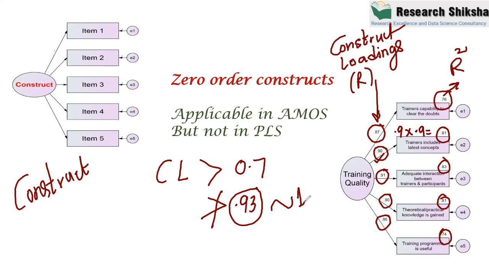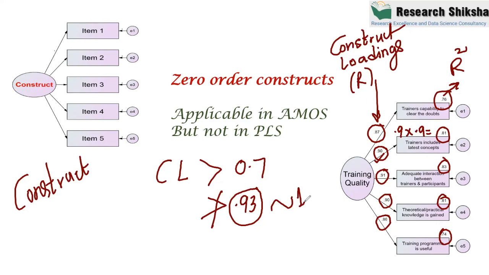I will explain all these things later on, like how to see the model fitness. But at this point of time, we should know that when we are analyzing, the construct loading should be greater than 0.7 and should not be very high.